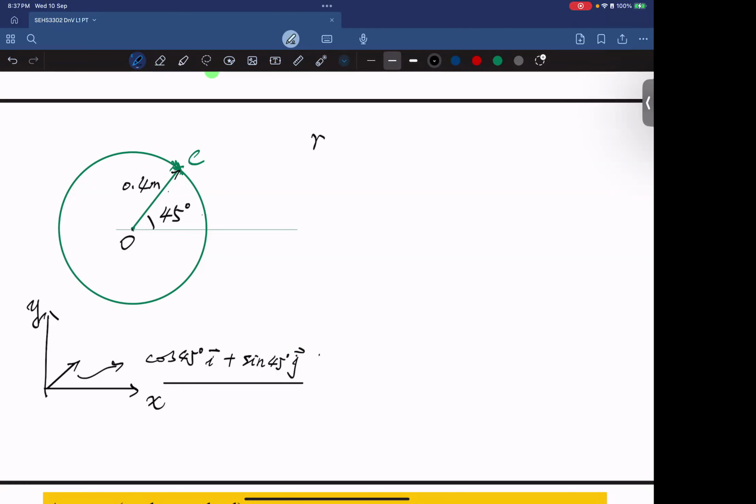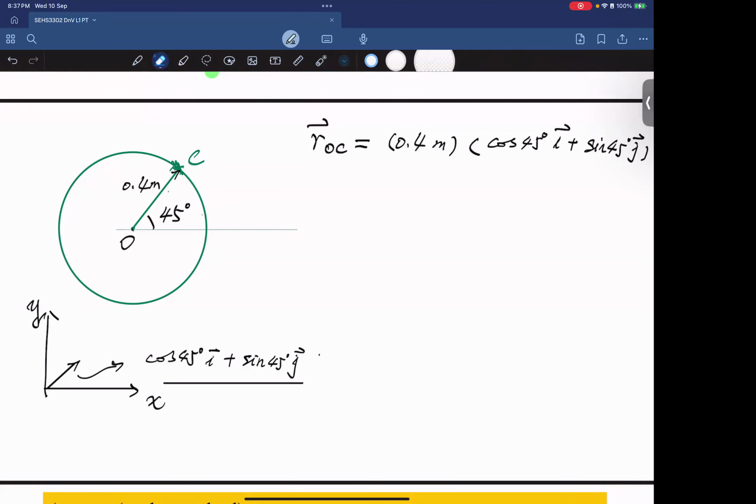Therefore, we know R_OC, from O to C, right, is the magnitude 0.4 meter times the unit vector. Unit vector is cosine 45 degree I plus sine 45 degree J. Okay, we just keep this unit vector and see what will happen later.